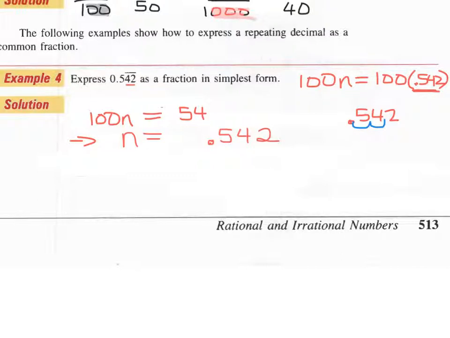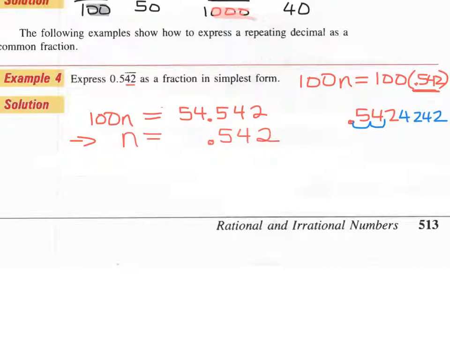But remember, this bar meant the 4 2's kept repeating, so I need to have enough numbers lined up on top of each other. 5, 4, 2, and then they cancel out. Again, the repeating part is the 4 2's, and I need to get everything lined up here.